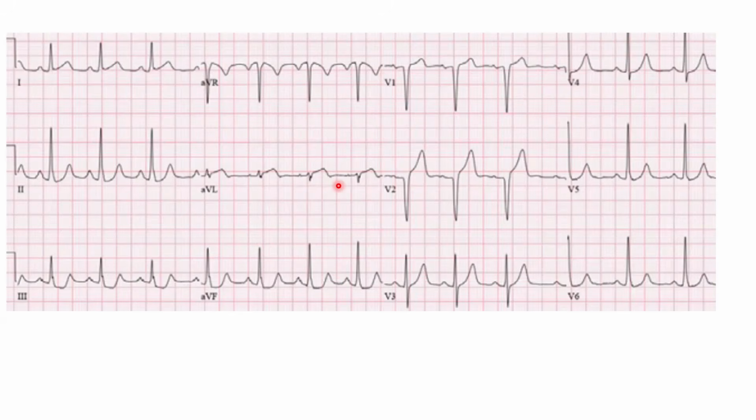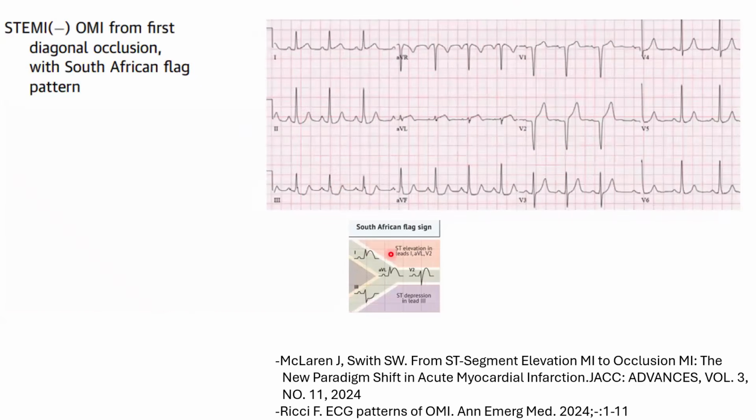This is very suggestive of acute diagonal occlusion. And this is why it's called South African flag, because it can fit within the colors of a South African flag. So you have ST elevation in AVL and V2 and ST depression in lead 3 and in the inferior leads, and sometimes ST elevation in lead 1. So again, suggestive of diagonal occlusion.